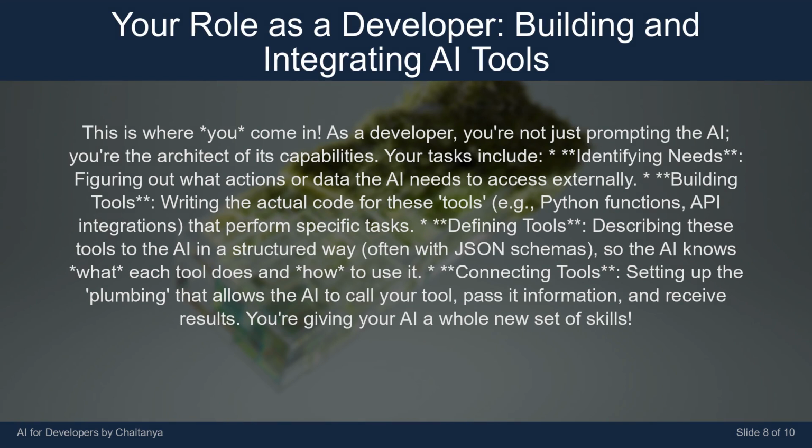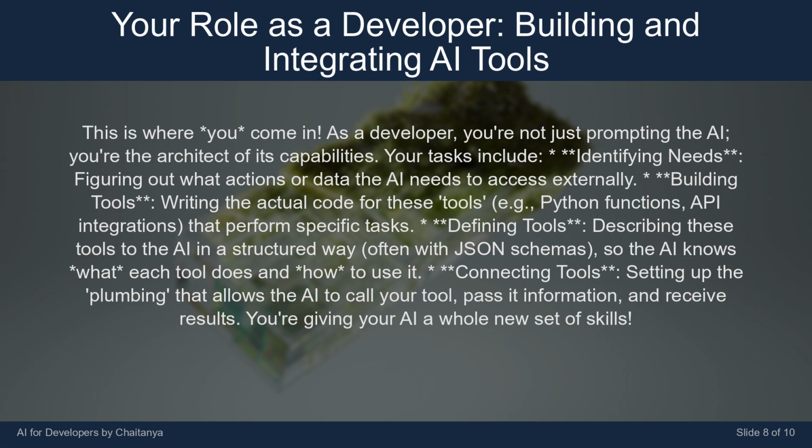This is where you come in. As a developer, you're not just prompting the AI, you're the architect of its capabilities. Your tasks include identifying needs. Figuring out what actions or data the AI needs to access externally. Building tools. Writing the actual code for these tools, e.g., Python functions, API integrations that perform specific tasks.